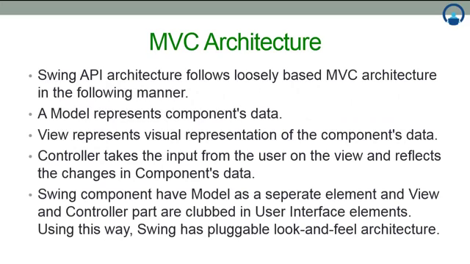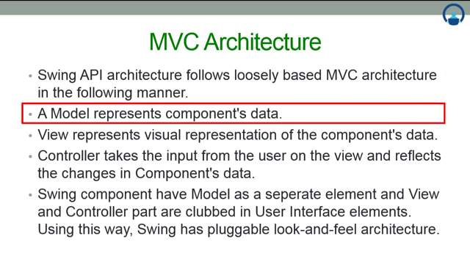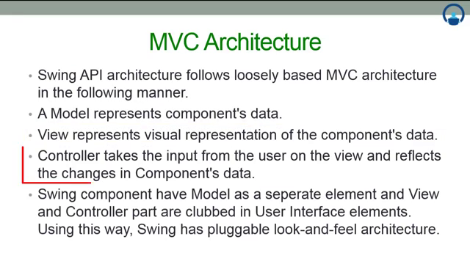And now we'll be discussing first of all what MVC architecture is. The Swing API architecture follows a loosely based MVC architecture in the following manner. We have three components: M is model, V stands for view, and C is controller.